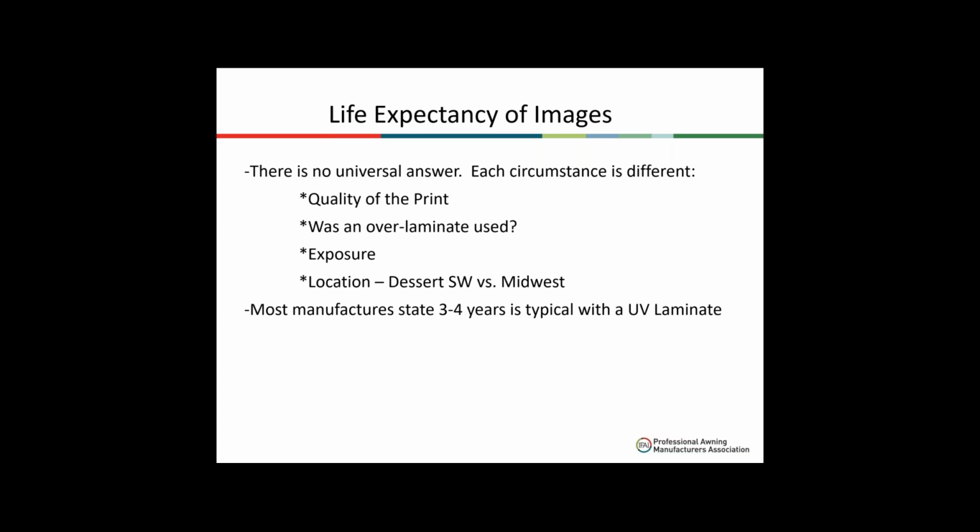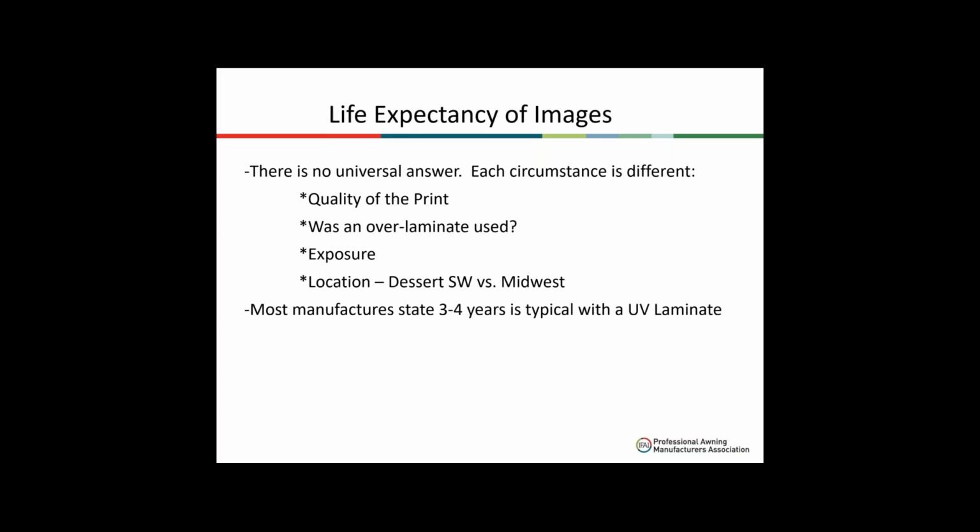And then the exposure, like what angle is the graphic going to be at? Is it a banner, or is it a 45 or 30 degree awning that's going to get a lot of exposure, from the west or the south or the east? It just depends, right? And so if it's going to get blasted with the UV sun, it'll last a little bit longer than, say, it would maybe in the Midwest, where you don't have as much, right?